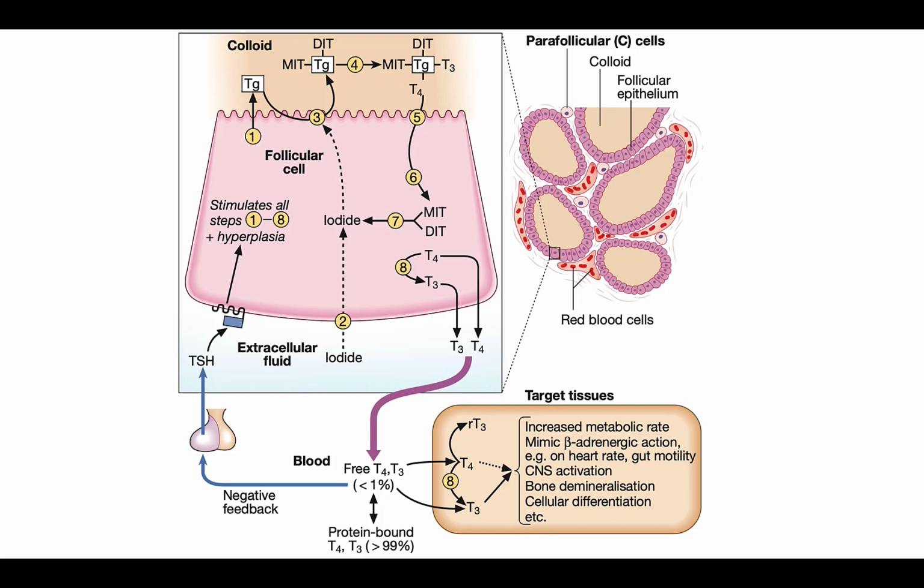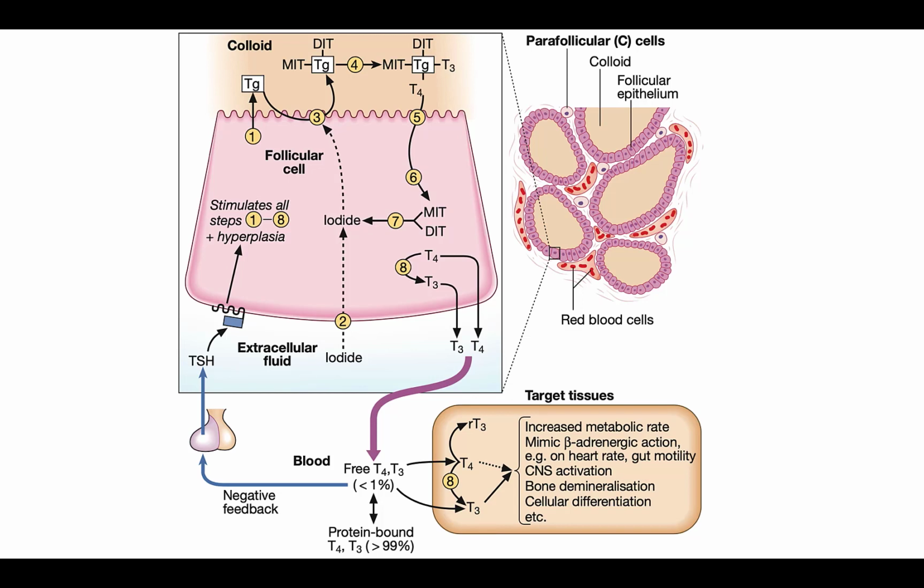The production of T4 is a higher amount than T3 in the follicular cell, but there is a synthesis of T3 from T4 by an enzyme in the periphery, like the heart muscle or kidney. This enzyme is called monodeiodinase, and this accounts for 85% of the T3.